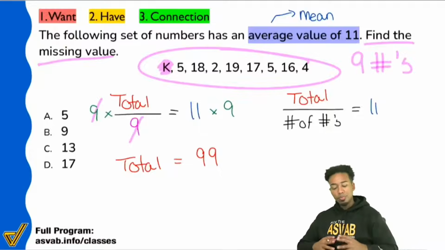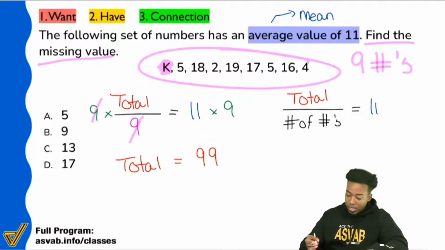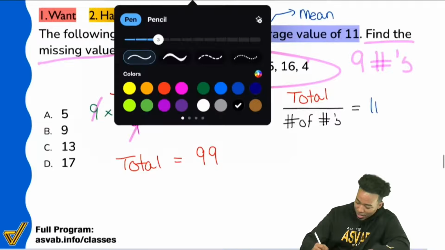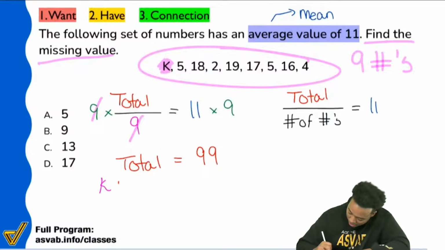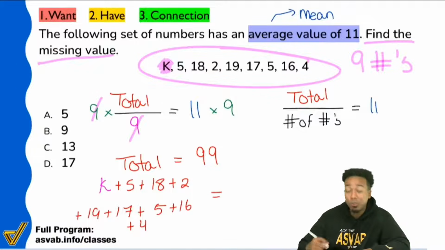Okay. So now that we're there, everybody, here's what we know. If we take all of these numbers, let me actually just write them all out. If we take that K, let me use a different color again. If we take the K plus the 5 plus the 18 plus the 2 plus the 19 plus the 17 plus the 5 plus the 16 plus the 4, the grand total is supposed to be what again?